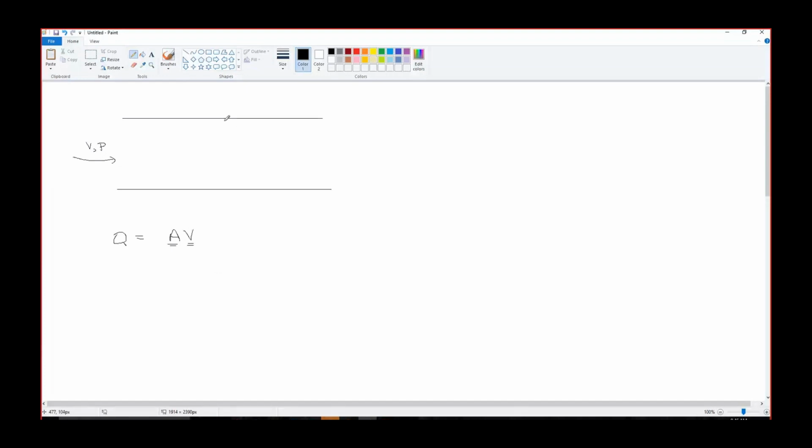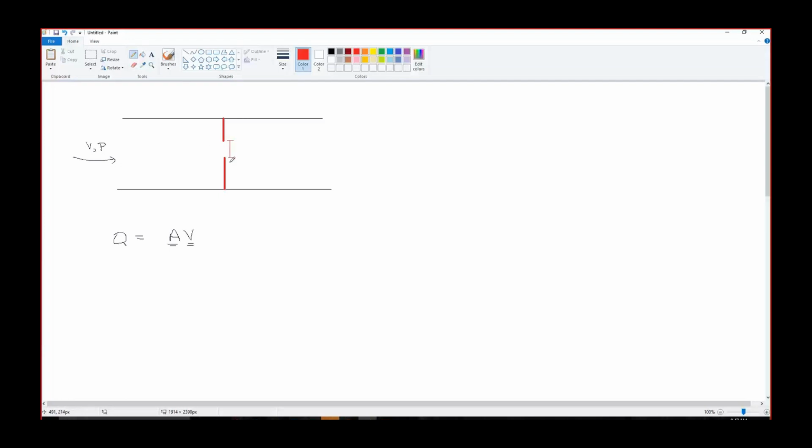What I can do is play with the geometry of this pipeline. I introduce a restriction here of known area. I know the diameter or area of this small opening.